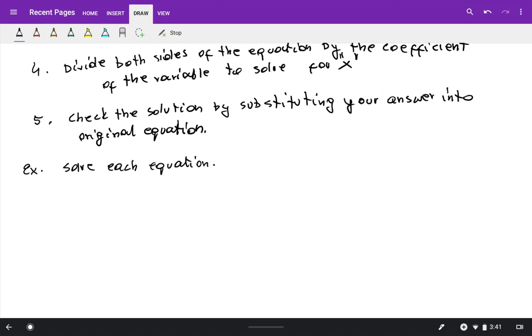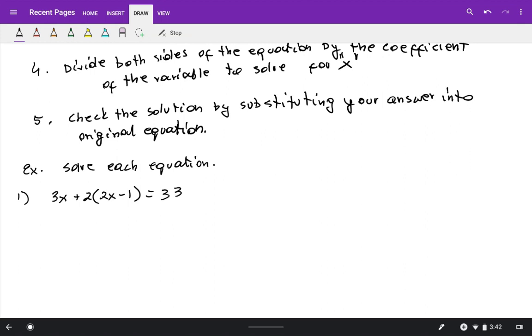The first one which I'm going to solve is going to be 3x plus 2 times (2x minus 1) equal 33.